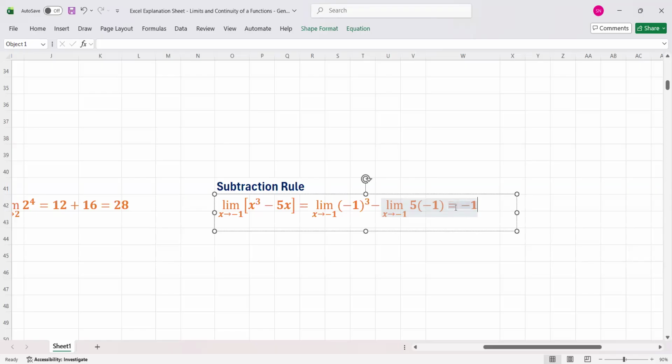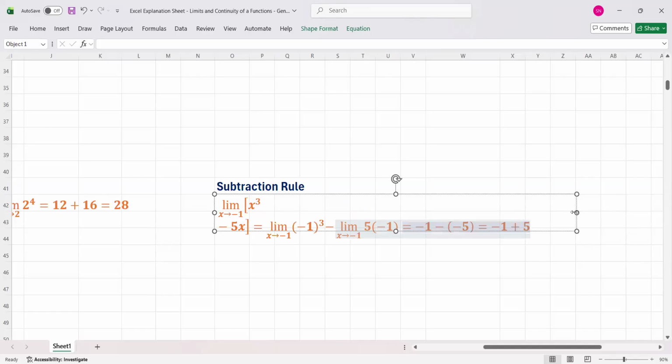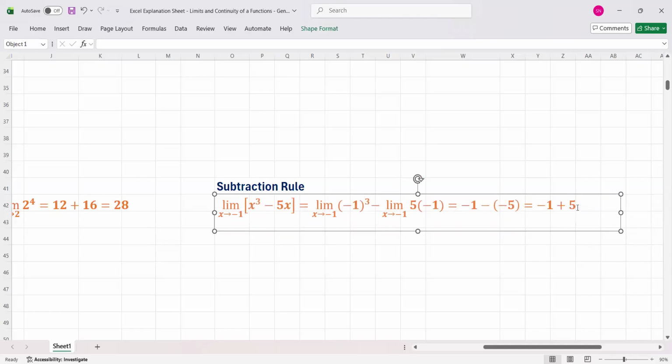And 5 times -1 is going to give us, remember we are subtracting, 5 times -1 will give me -5. So that will be -1 minus (-5), so -1 plus 5. And finally, that should give us +4.